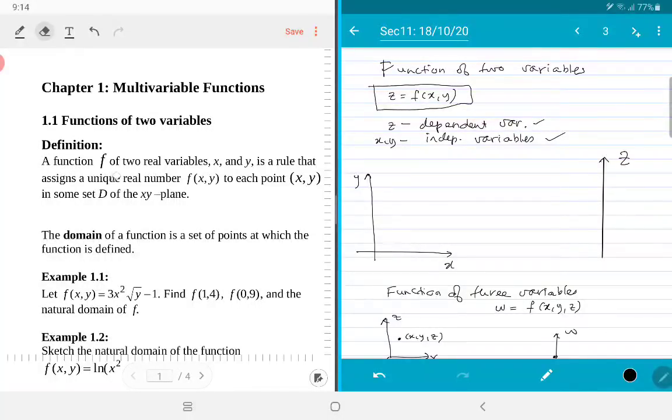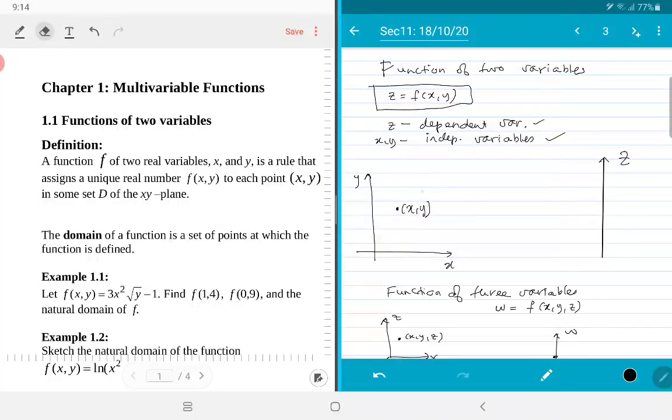A function f of two real variables x and y is a rule. So it says here it's a rule that assigns a unique real number f(x, y) to each point (x, y) in some set D of the xy plane. Okay, now let's say here we have the xy plane, and here we have a point (x, y).